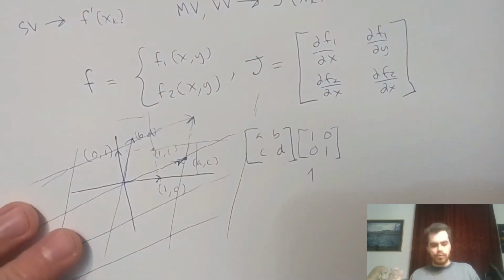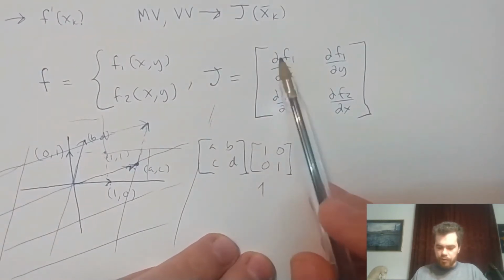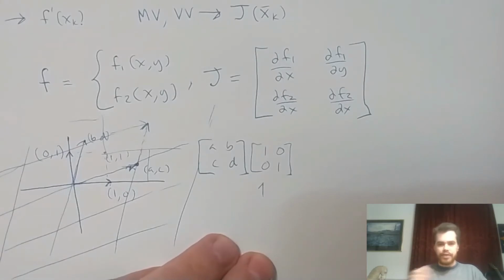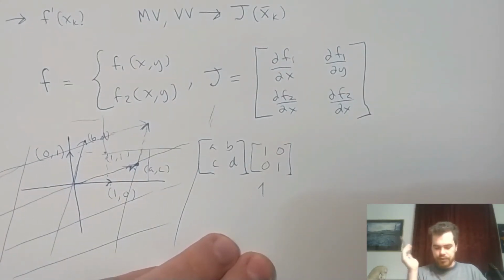Okay, so how do we write this down? Actually, let me bring that back a little bit. If we have all these written df1 dx, this is Leibniz notation. It's something you've probably seen before if you've taken a calculus course.